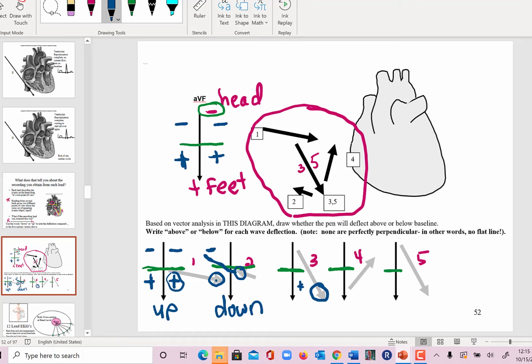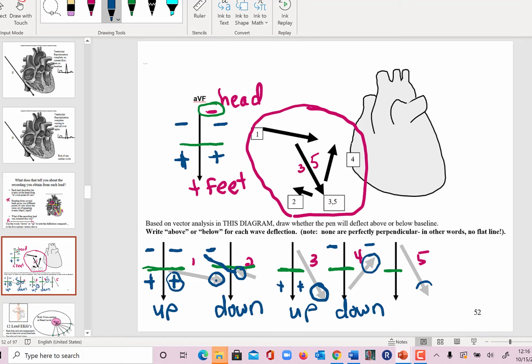Clearly it's pointing into a positive quadrant. Then you say they are parallel, and the pen goes up. What about this cardiac vector number 4? Where is that arrowhead pointing? Which quadrant? It is pointing to a negative quadrant. So that means it is anti-parallel, and the pen would go down.